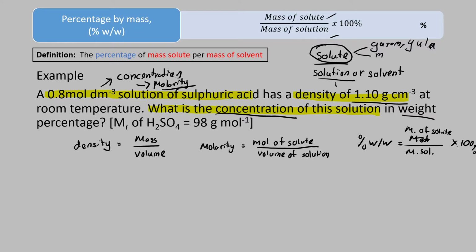Okay, this is how you generally answer any difficult question: you list everything you know, and then work through it to find the solution. So it wants percentage weight by weight. What you need is the mass of solute and the mass of solution. So how do we find this?